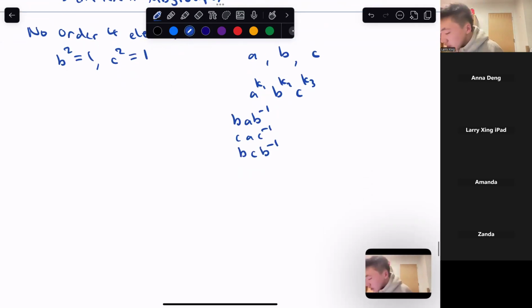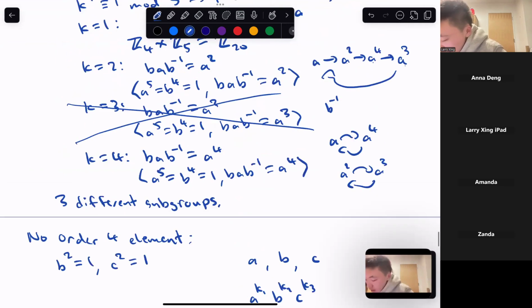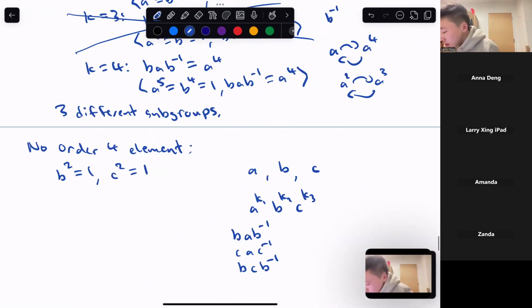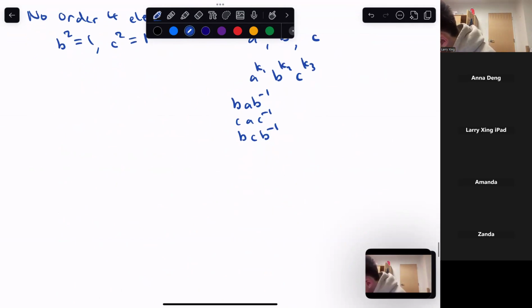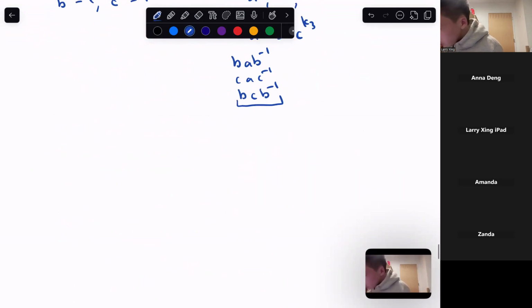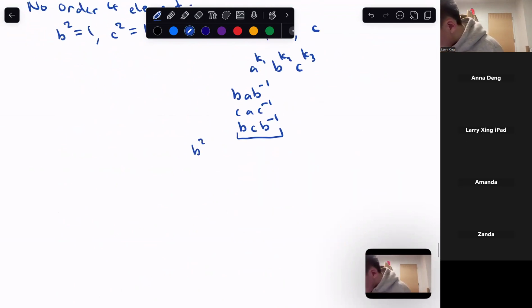The fact that we have four here is very convenient because in this case, these must determine their own group where you have b squared equals 1, c squared equals 1, and bc, b to the negative 1 equals c.